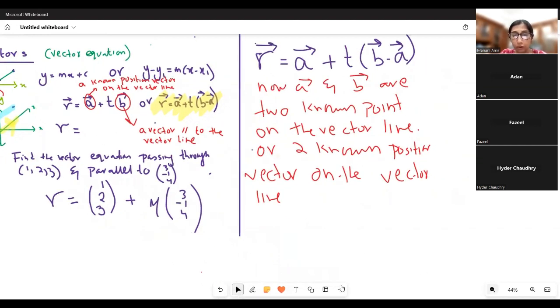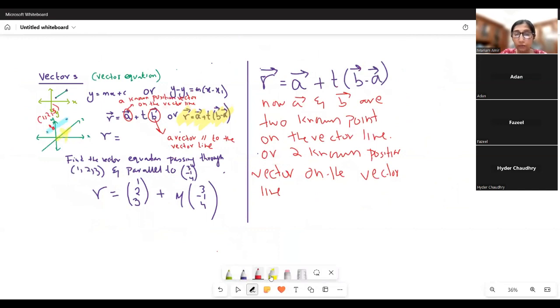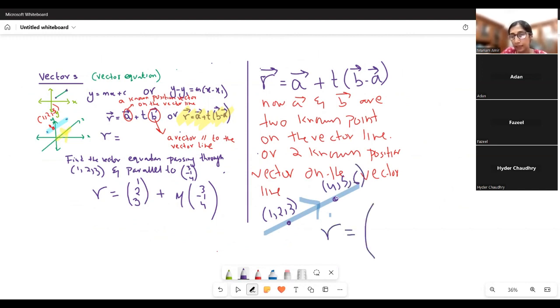So now, on the vector line, you'll have two known points. Let me say, here's the vector line whose equation we're trying to find, and you'll know 2 points here. Let's say this is 1, 2, 3, and let's say this is 4, 5, 6. So it's going to be R equals A, and A can be any one of these.